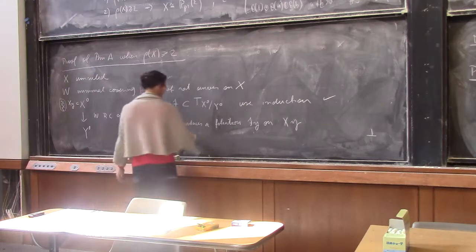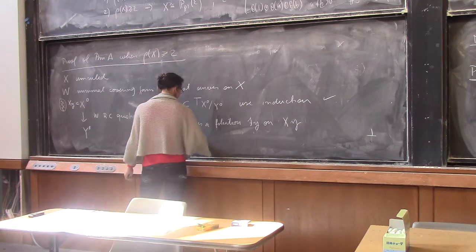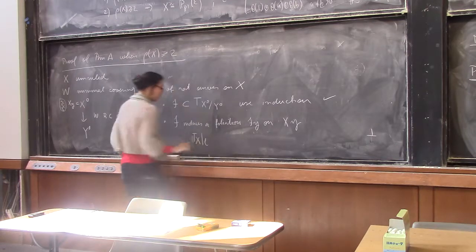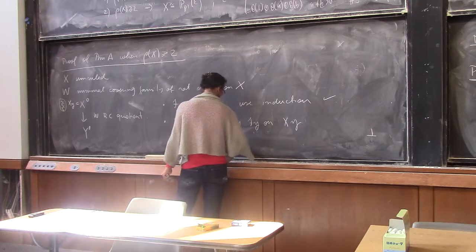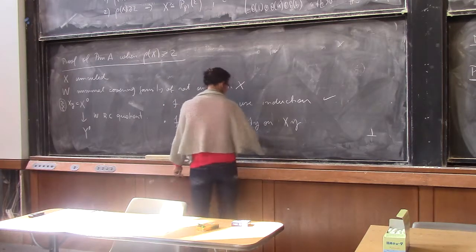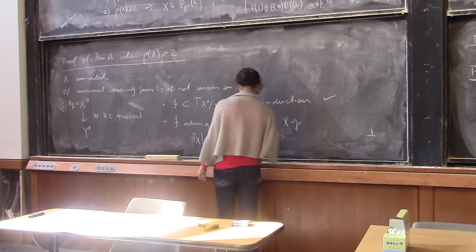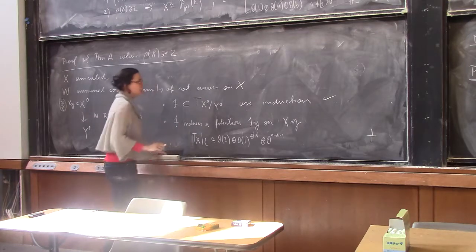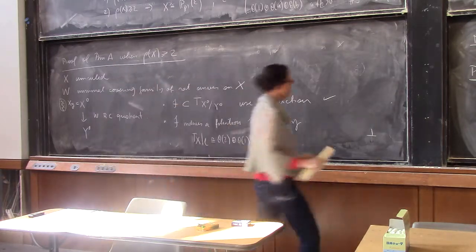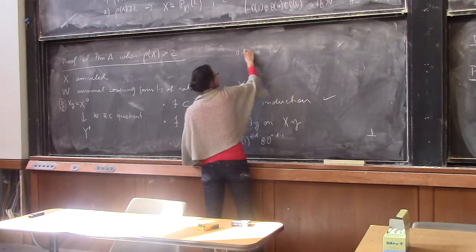So we know that the restriction of T_X to a general member of the family is of this form. And moreover, maybe I can write it here, we have this exact sequence.